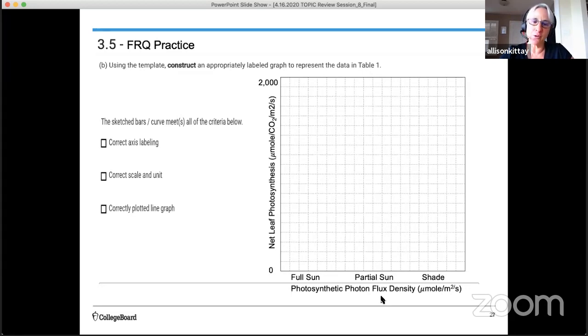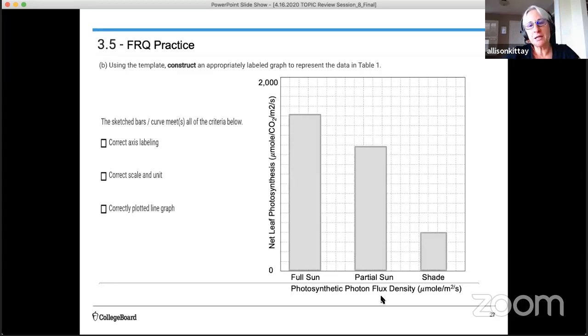And so if I graph that data, I'm going to get full sun, partial sun, and shade. And you can clearly see from this graph that the full sun has the highest amount of net leaf photosynthesis and the amount of carbon dioxide that was converted into carbon. Okay.